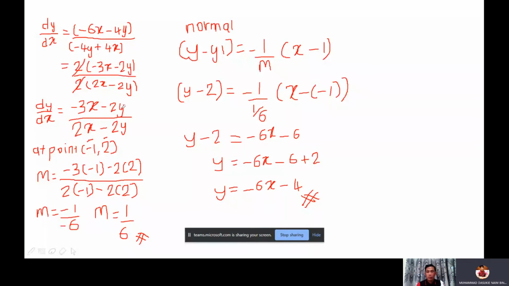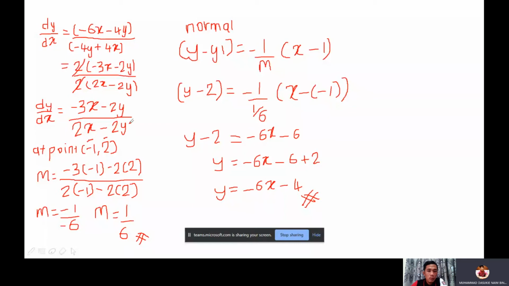So this one is for y. As you can see here, we put 2. So that means the equation becomes negative 3 times negative 1 minus 2 times 2, and per 2 times negative 1 minus 2 times 2.